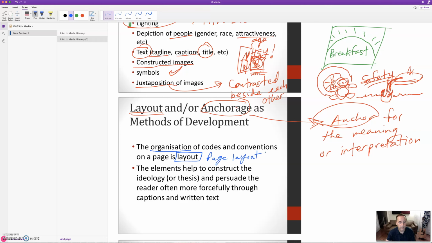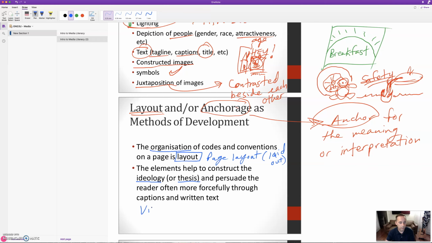How is the page laid out? If you think of layout, where that comes from. The elements that they choose help to construct the ideology or the thesis or the main argument and persuade the reader, often more forcefully through captions and written text.